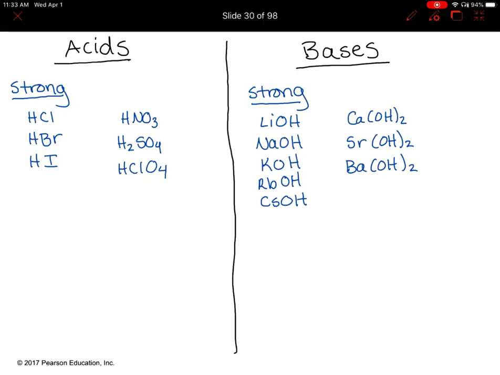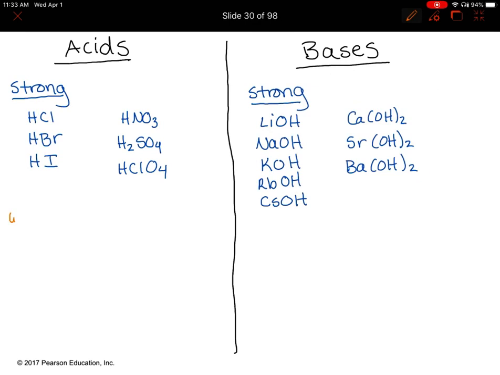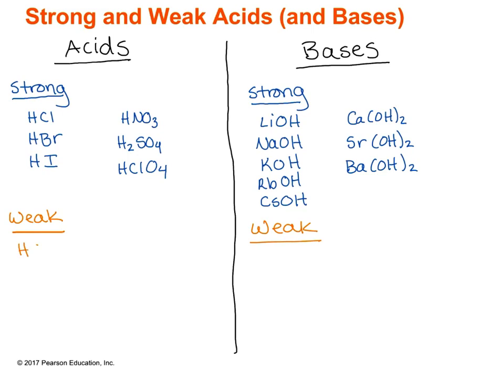Okay, so now let's look at some weak acids and bases. So in terms of acids, formic acid is pretty weak.